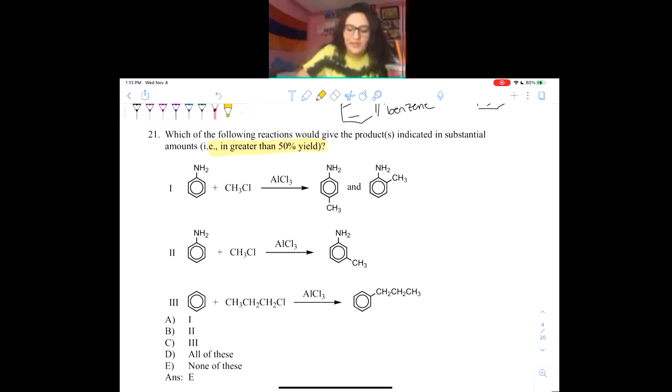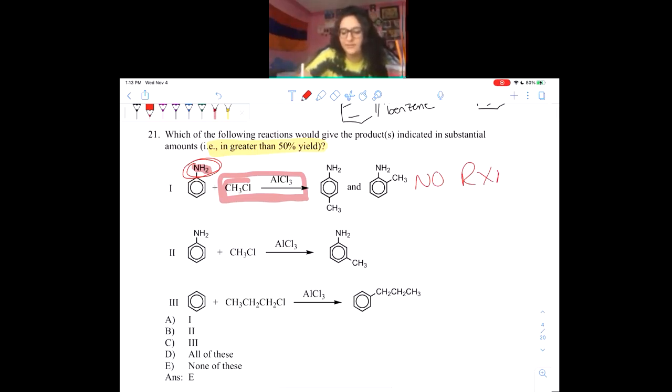So, in the first one, we have NH2, and what kind of reaction is this? Alkylation, cool. So can Friedel-Crafts alkylation happen with an NH2? No, so this is no reaction. Cool. Also, I don't want you to look at the answer. So we know that this is automatically out.